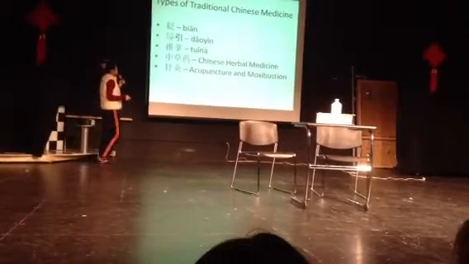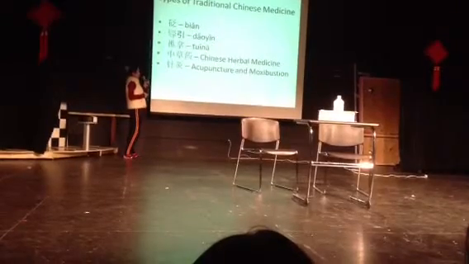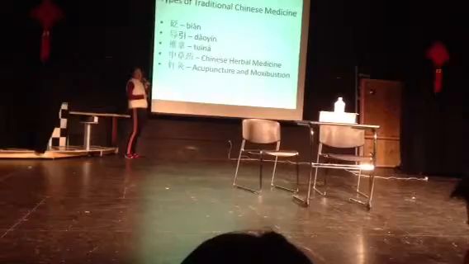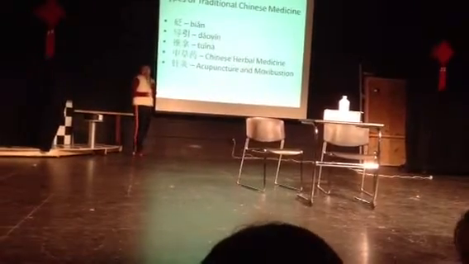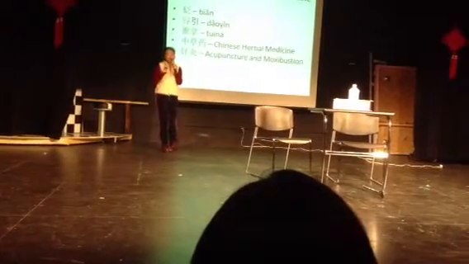Moxibustion, if you know this word, on the top, this means jiu. Jiu means long time. And on the bottom, huo, fire. So you need to use a long time to burn herb. It's called mugwort. This herb is 100% pure yang in nature, only this herb.